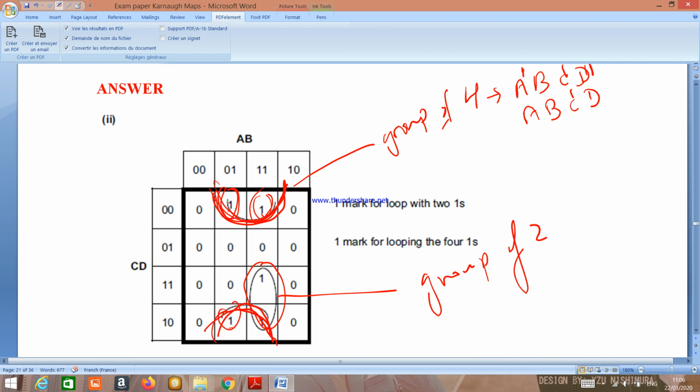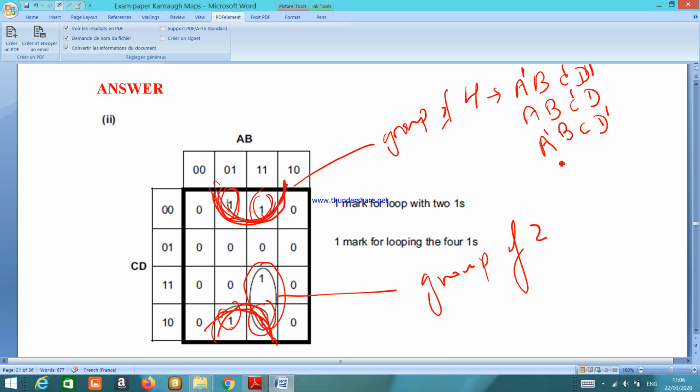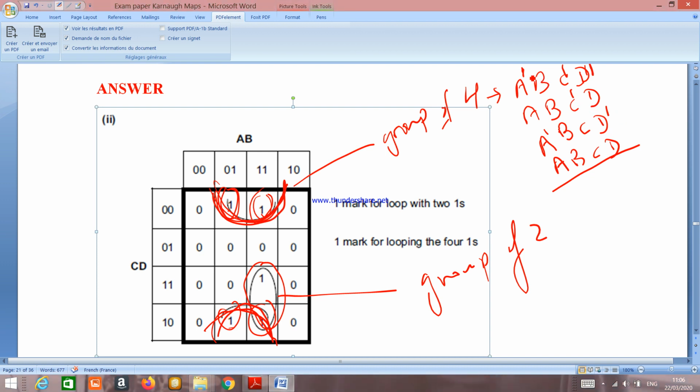This one becomes A dash, B, then C, D dash. This one now it becomes AB and CD dash. Now we can see here for the four terms A is changing, so we can eliminate A.